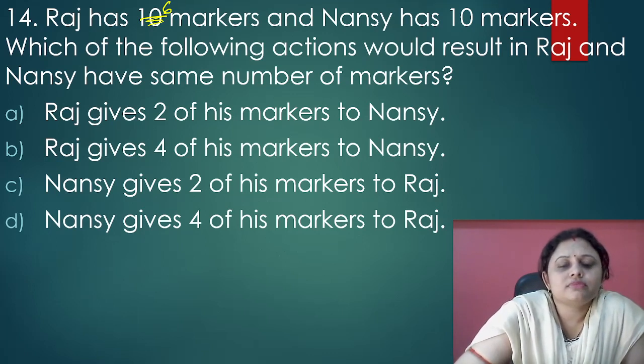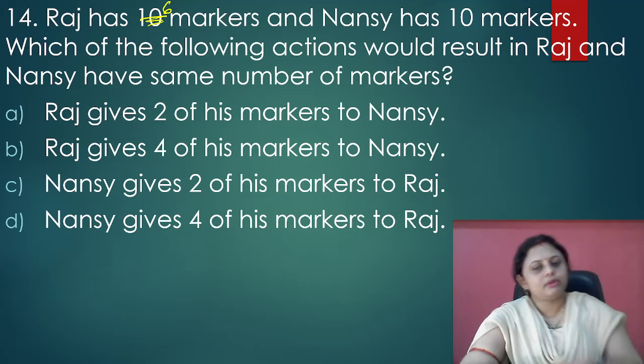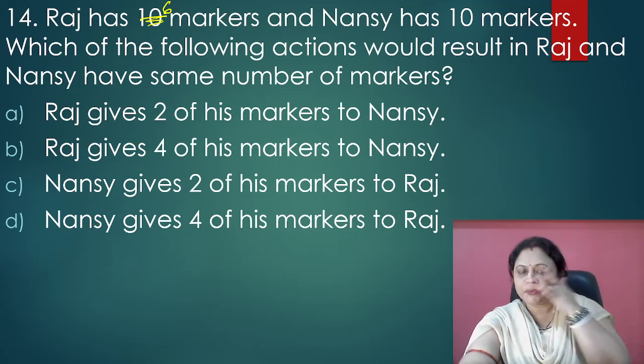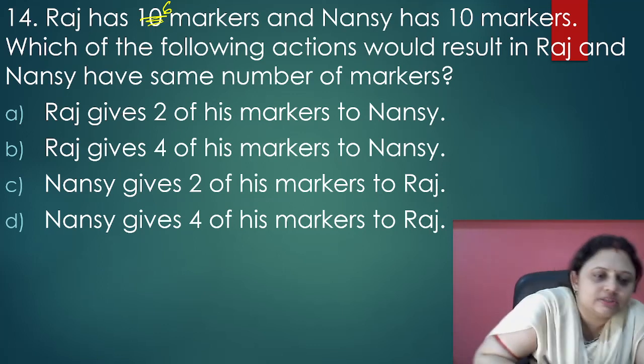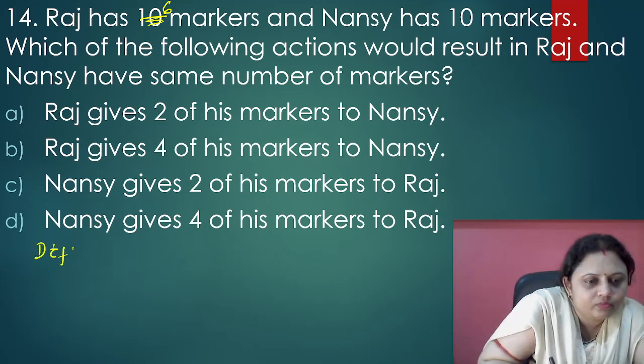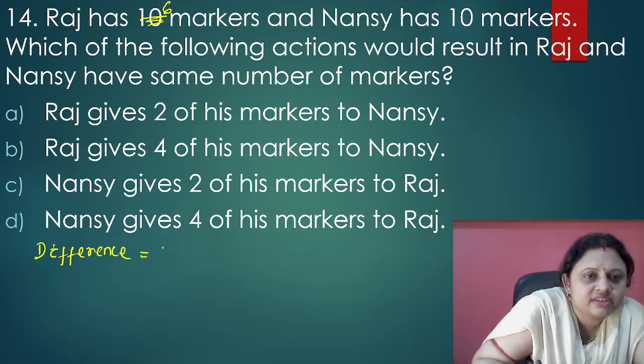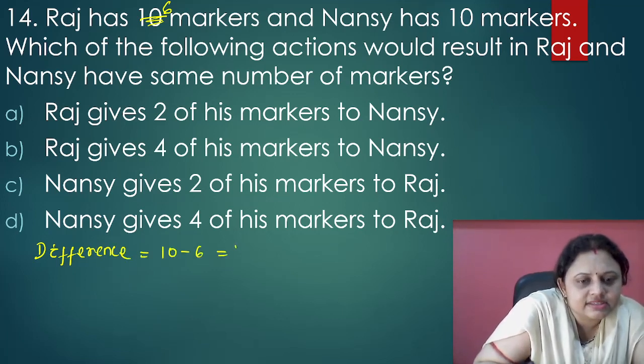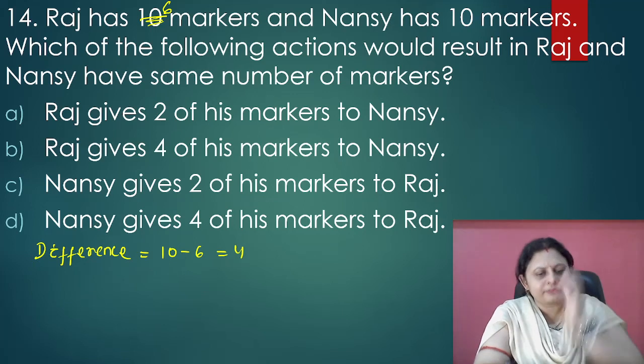So, which of the following actions would result in Raj and Nancy having the same number of markers? So, what you should do, you should find the difference. What is the difference? That is 10 minus 6, that is equal to 4.